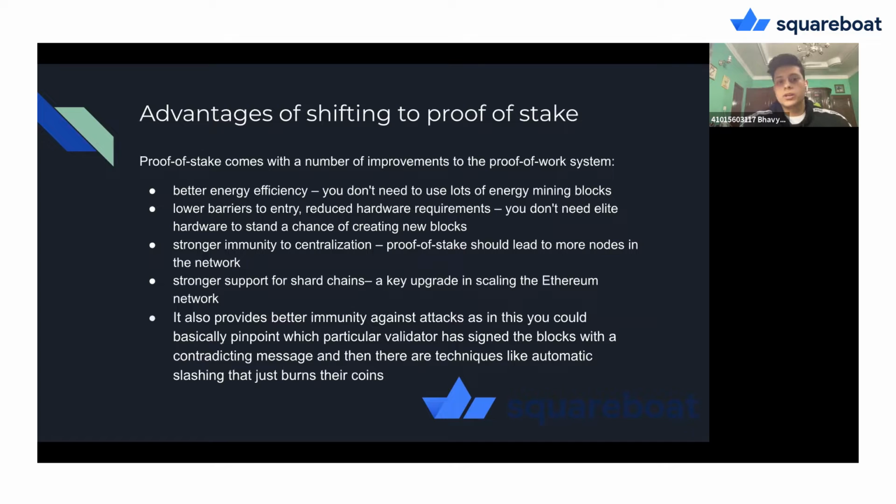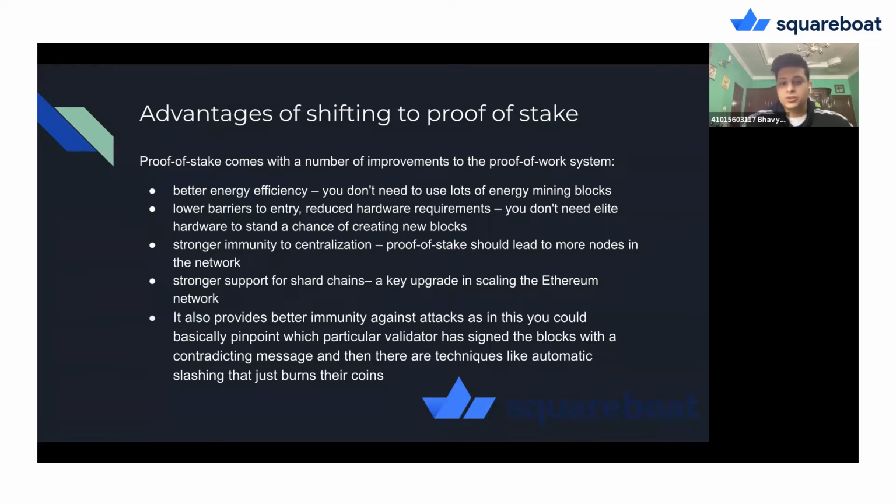We need to shift from proof of work to proof of stake. There are various reasons for that, because proof of work is very energy inefficient. In recent news, I saw that some of Iran's Bitcoin mining is using energy equivalent to one of its nearby cities.